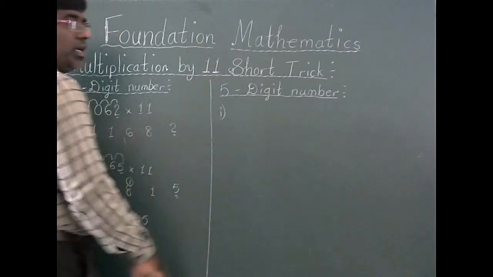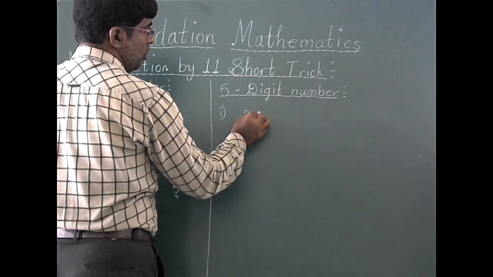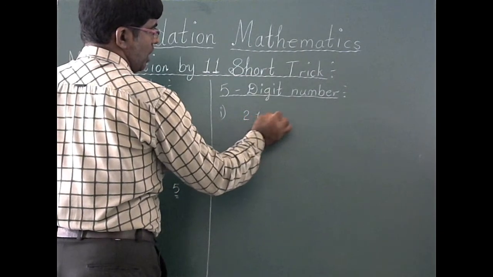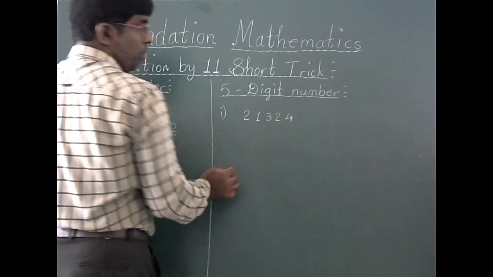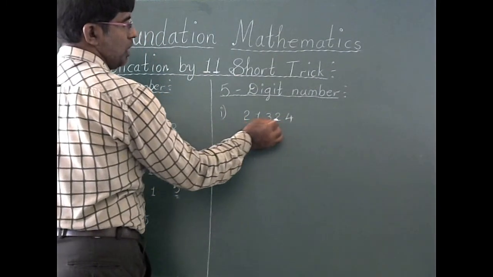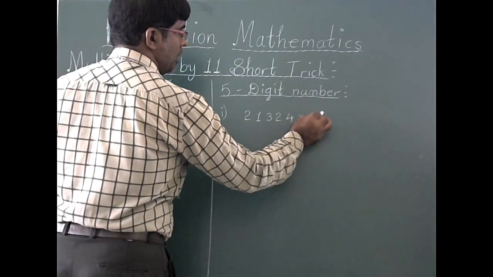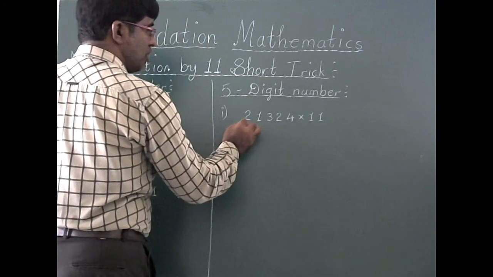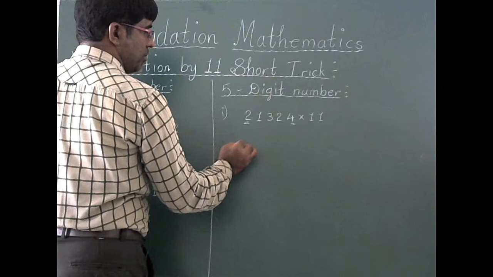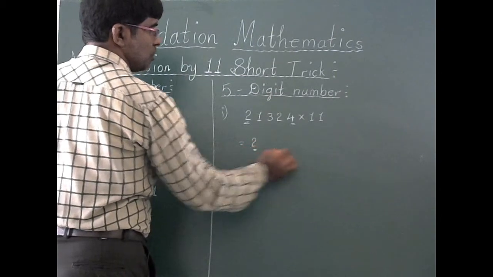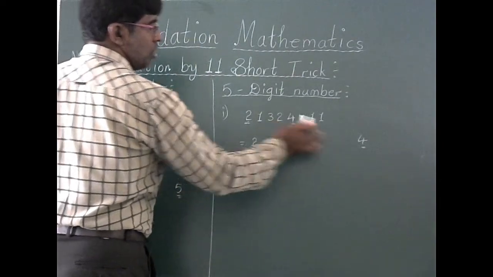Next, 5-digit number. Take any 5-digit number, 2, 1, 3, 2, 4. How many digits? 1, 2, 3, 4, 5. So it is a 5-digit number multiplied by 11. The first digit and the last digit as it is I am writing. First digit 2, the last digit 4.